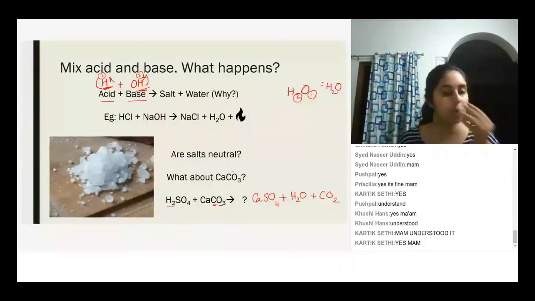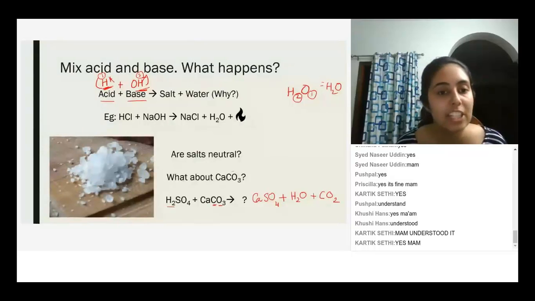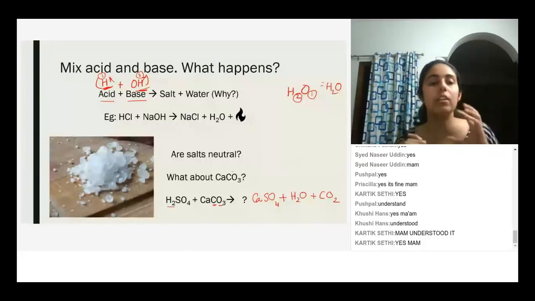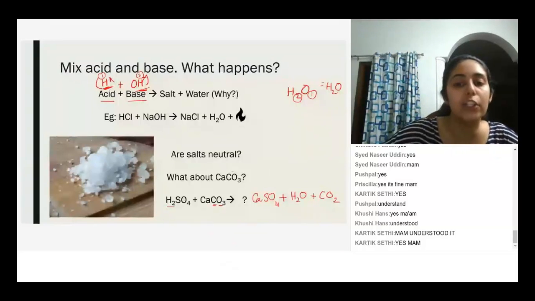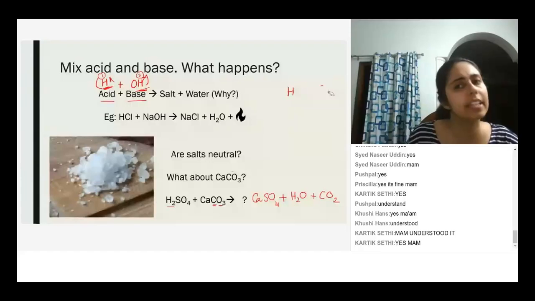Okay. So now the question was, why do we write 2 towards the lower side of the H? The reason we do that is whenever we have a molecule that has 2 atoms of a certain element or 3 atoms of a certain element, it doesn't matter.